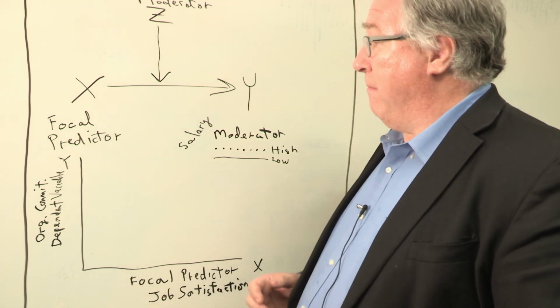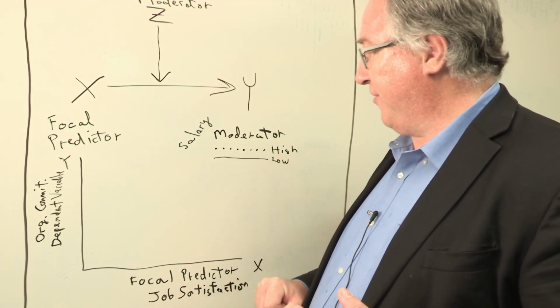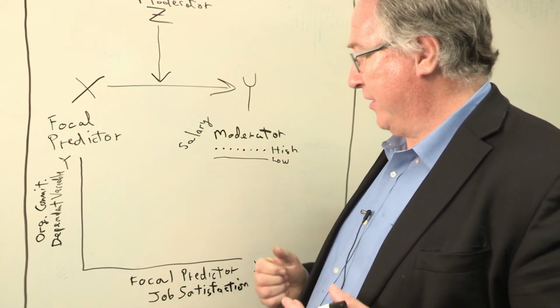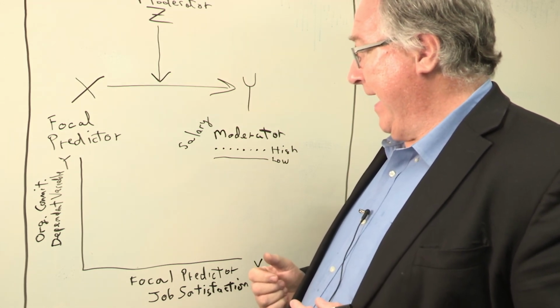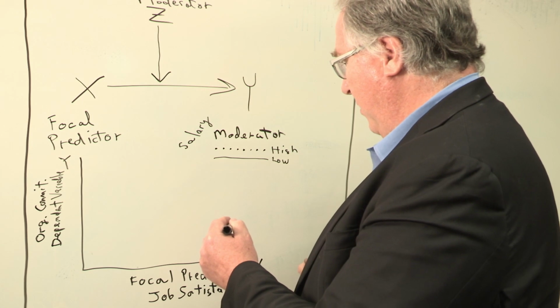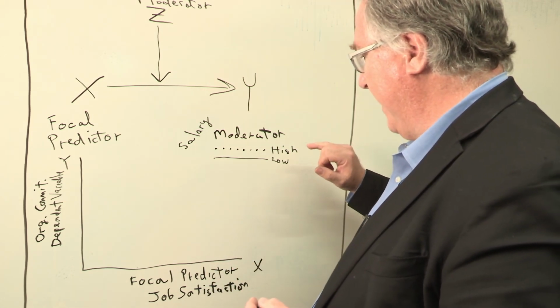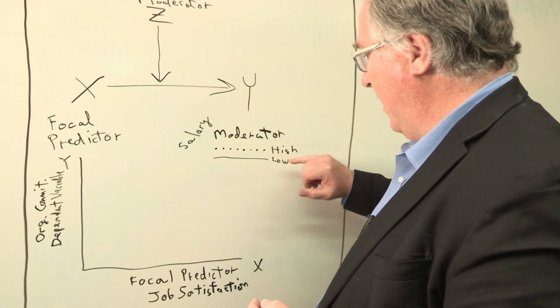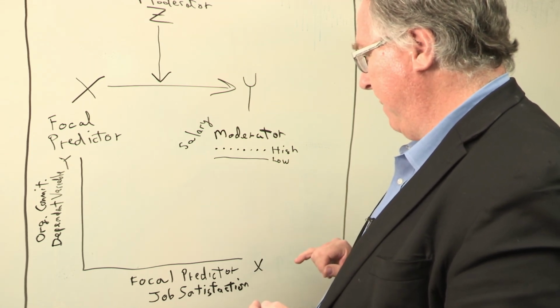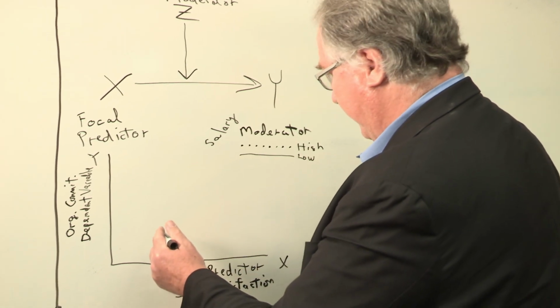All right, but let's look at it further, and let's say that we have a significant job satisfaction by salary interaction effect, and it looks something like this. Among people at a low salary, perhaps the effect looks like this.